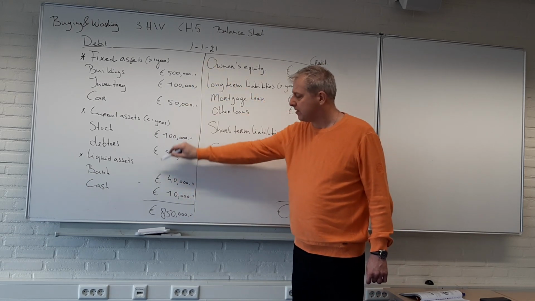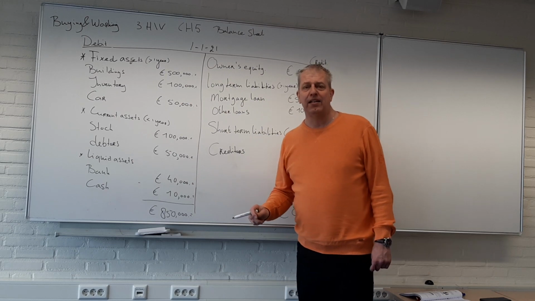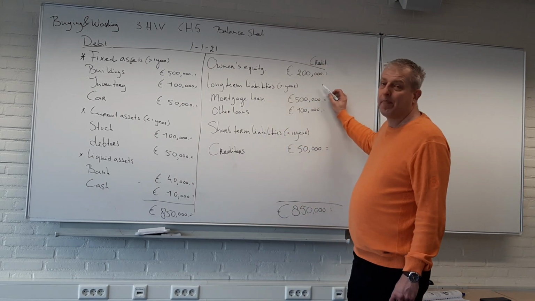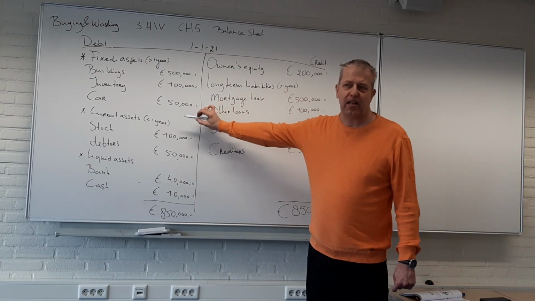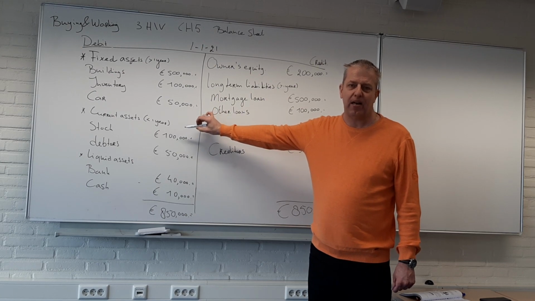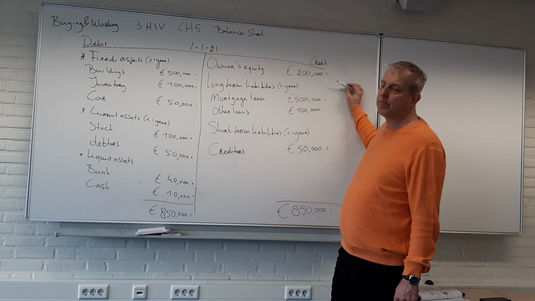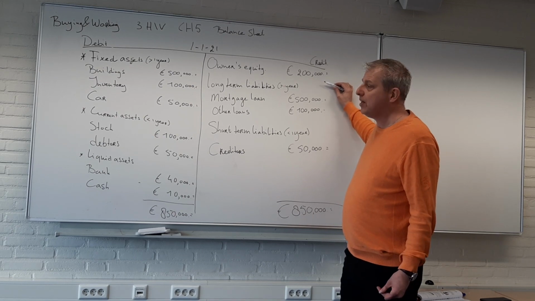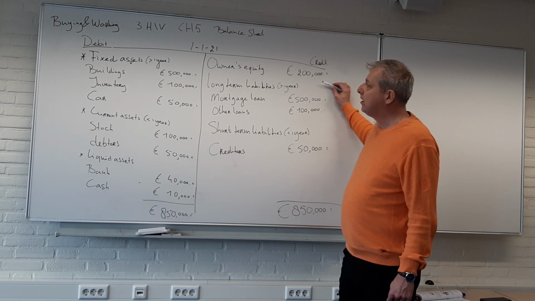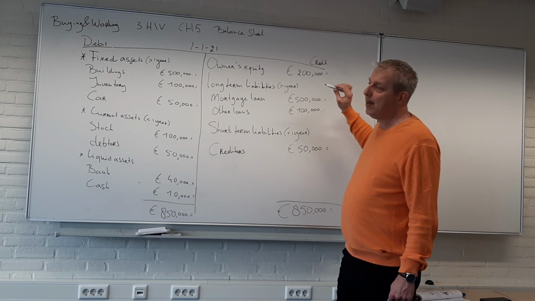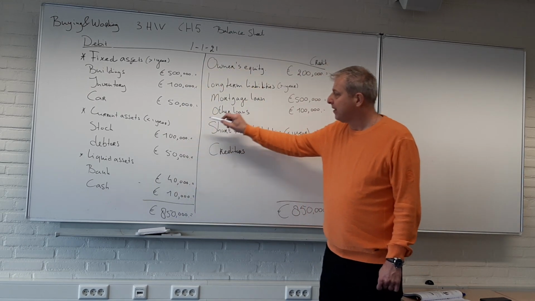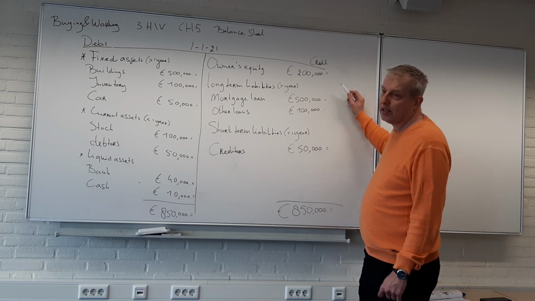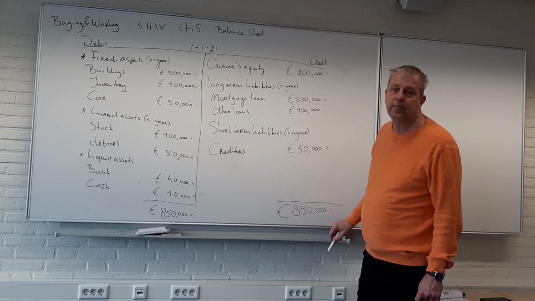So all the assets are here. And here I mention how these assets are financed, how they are paid for, with whose money. So it's only logical that these two are the same. So everything that I have is here, and here I mention how it was paid for.